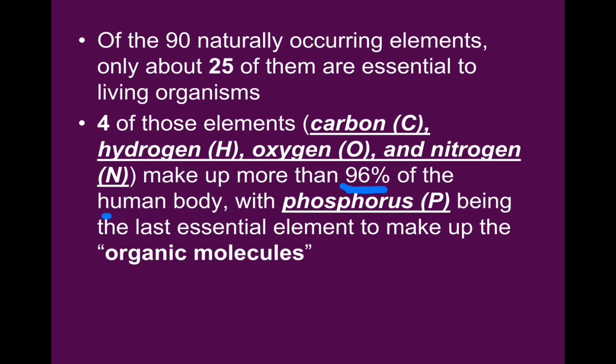So right here, your human body is carbon, hydrogen, oxygen, and nitrogen mostly. And then there's one more element, phosphorus, is added after that, which is the last essential element to make up the organic molecules.